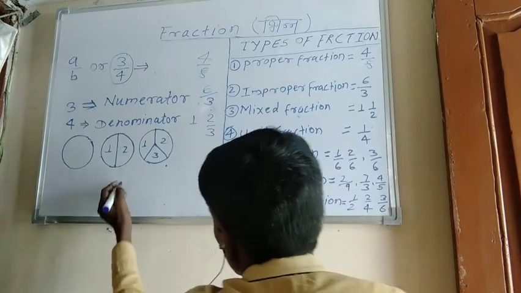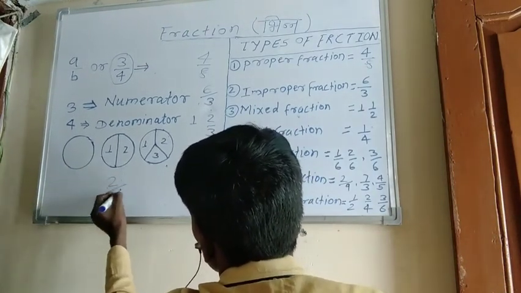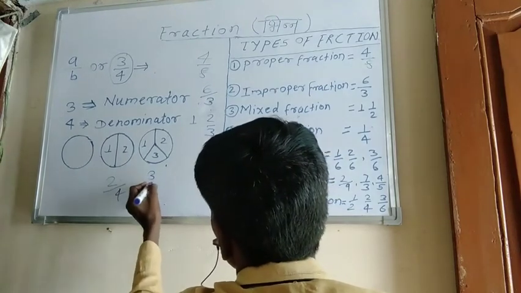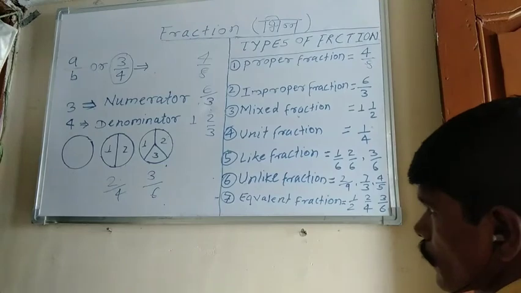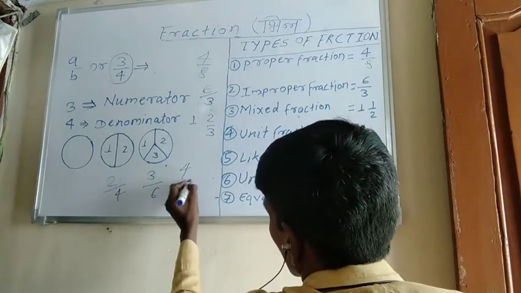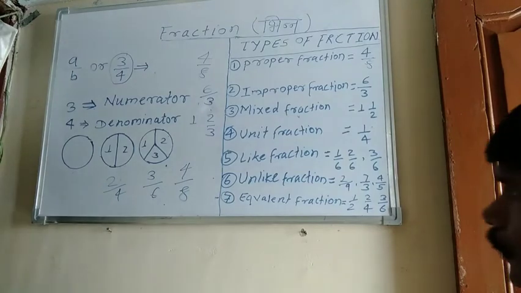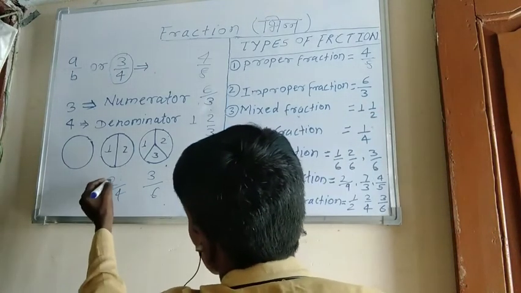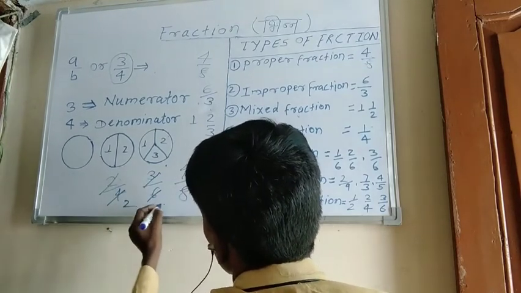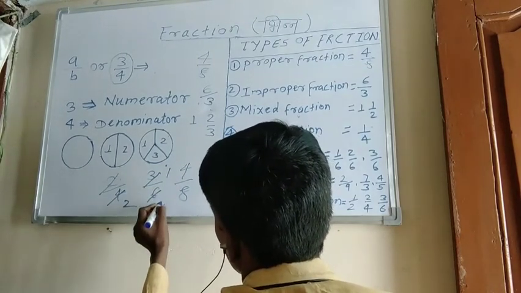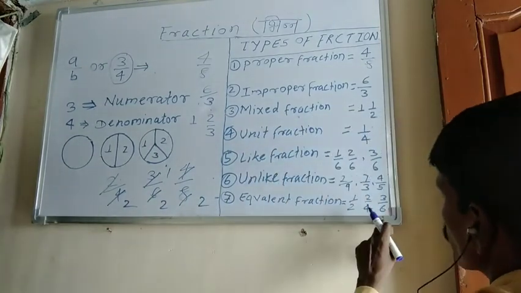For example, here are the fractions 2 upon 4, 3 upon 6 and 4 upon 8. These are equivalent fractions. 2 1s are 2 and 2 2s are 4. 3 1s are 3 and 3 2s are 6. 4 1s are 4 and 4 2s are 8.